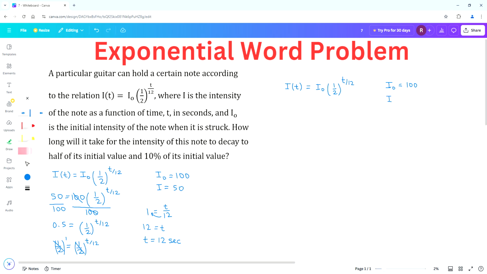The final value will be 100 times 10%. 10% is equivalent to 0.1 because 10 divided by 100 is equal to 0.1 and 100 times 0.1 is 10. So this is the final value. Now we can sub in these values in the given equation to find the value of t.